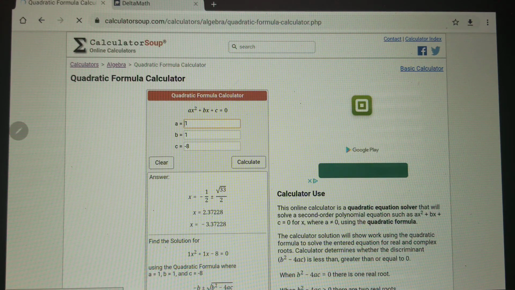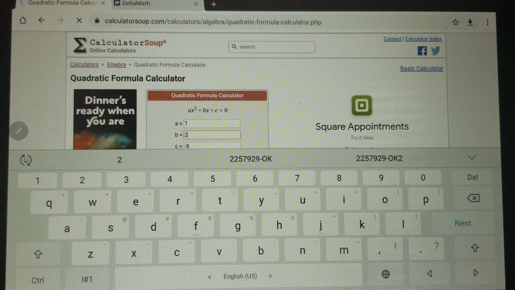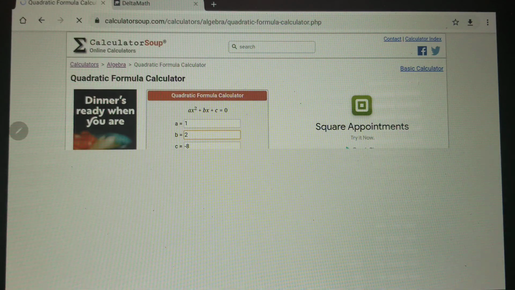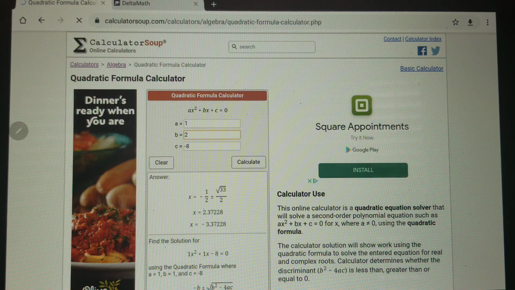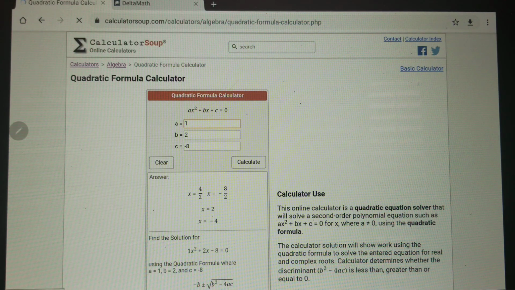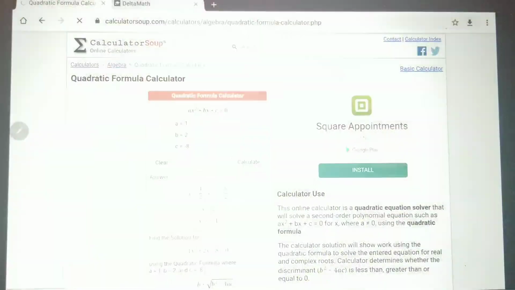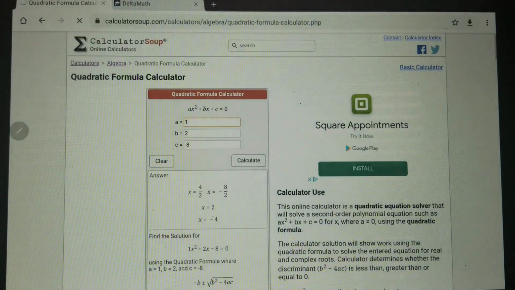It gave me a crazy answer because I have to put in 1 and 2 and negative 8. I don't know what I was thinking there. Sorry about that. So we put in 1, 2, and negative 8, and it gives us 2 and negative 4 as our answers. So we can see 2 and negative 4 right here.